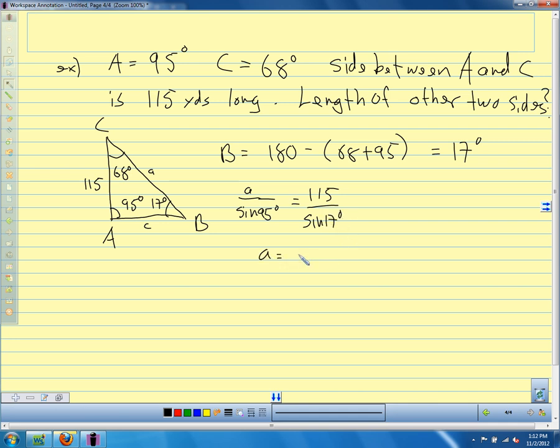So A equals, multiply both sides by the sine of 95 degrees, 95 degrees times 115 over sine of 17 degrees. Plug this into our calculator, and we get that A is about 391.84 yards.